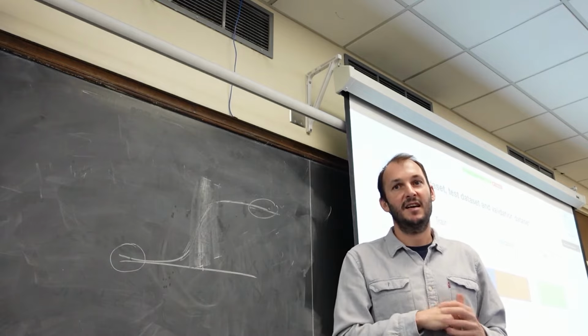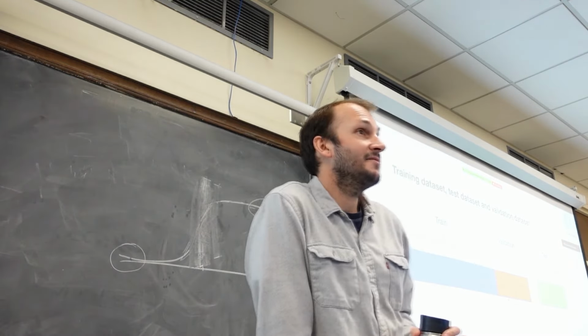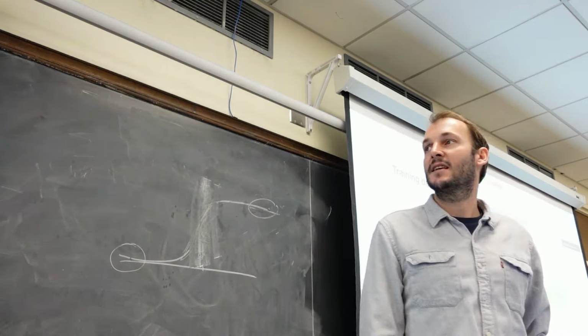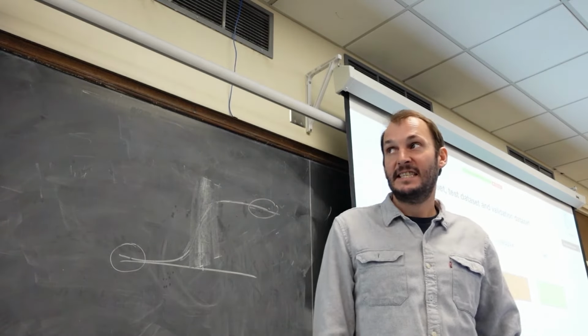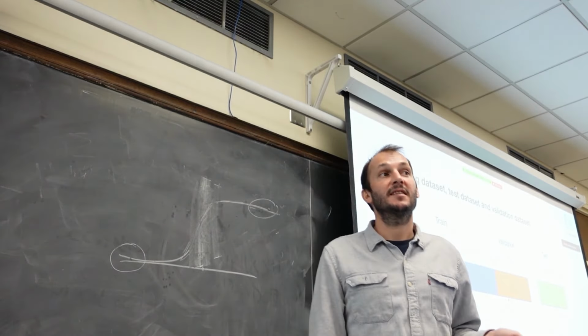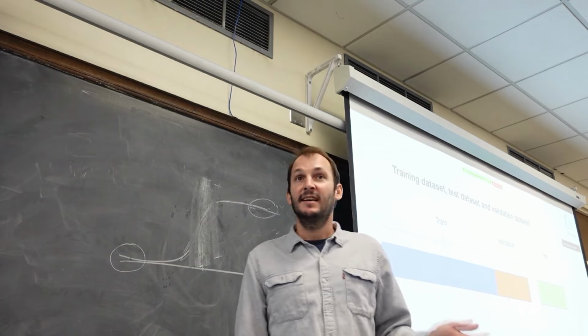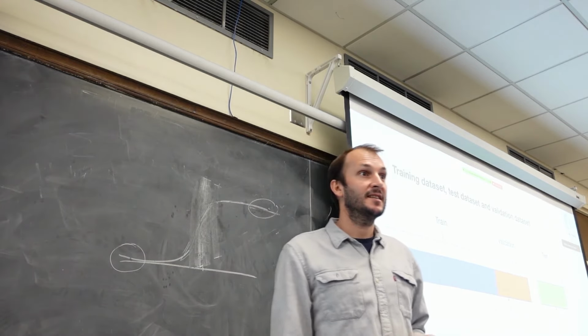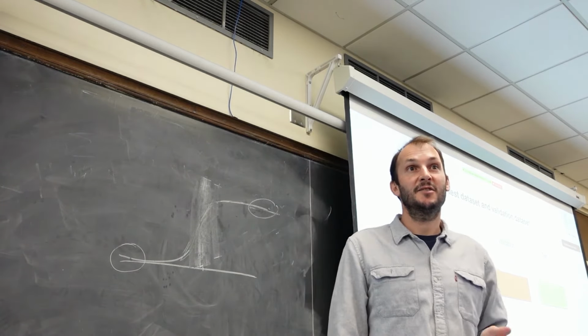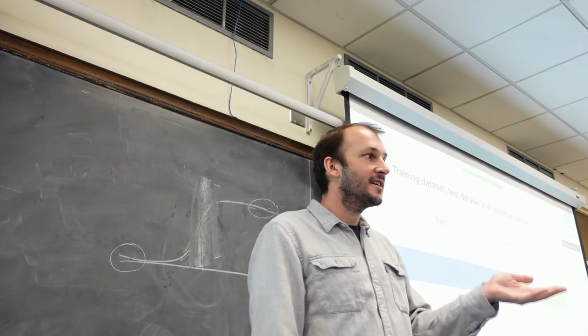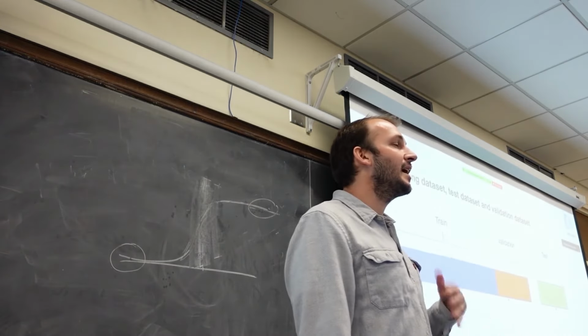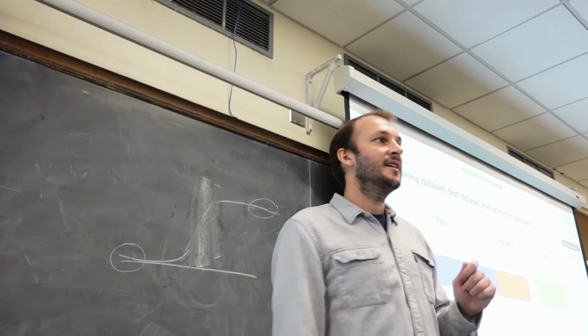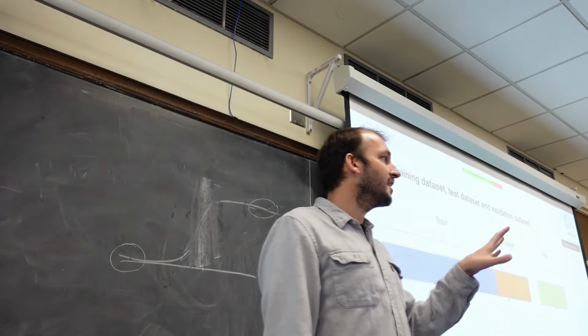Oftentimes there's not enough data, and so I understand. I'd say good general practice is to have, let's say, 60 or 70% of your data be training, 10% validation, and then 20% testing. And those can all fluctuate. If you really don't have enough data, there's ways to train your network multiple times.